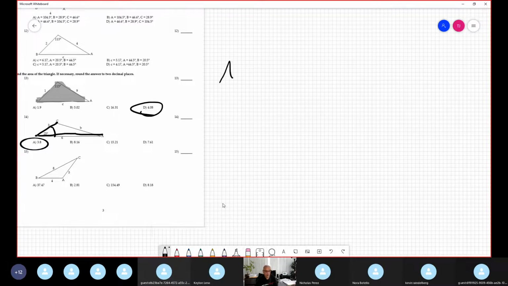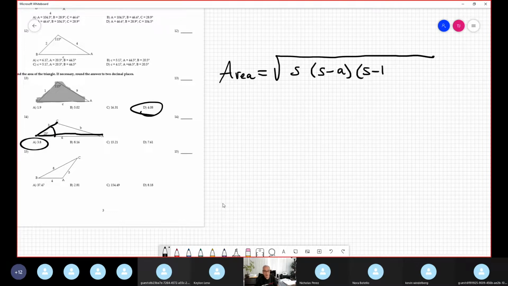The Heron formula says area is the square root of s times s minus a, times s minus b, times s minus c. Now, what is s? s is equal to a plus b plus c divided by 3. By 3, no, by 2. By 2.